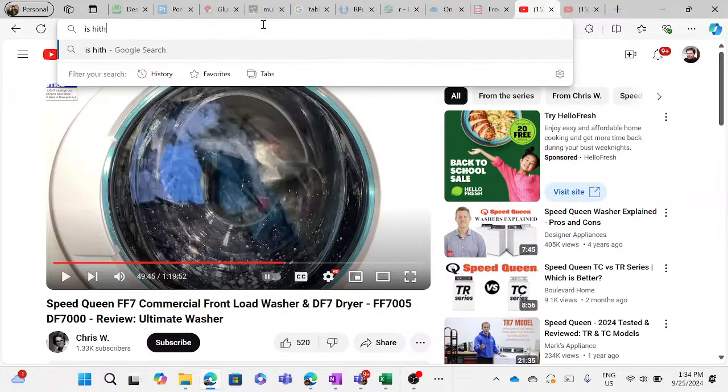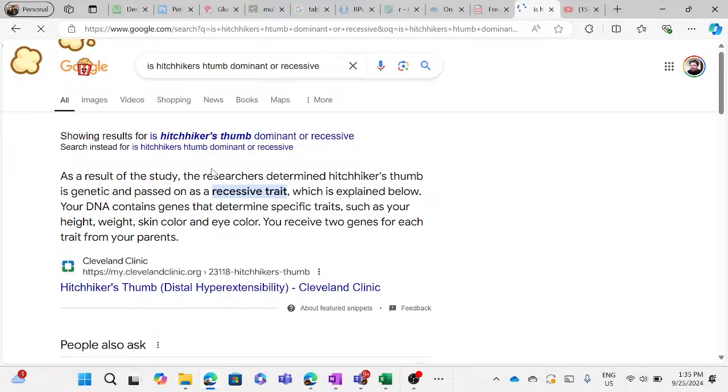So is hitchhiker's thumb dominant or recessive? I can check the note I have sitting right up there, but instead I'm just going to Google it. It's a recessive trait, as it turns out.